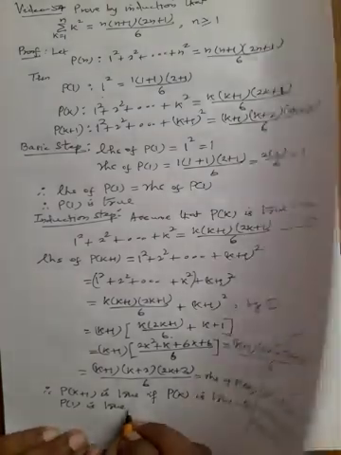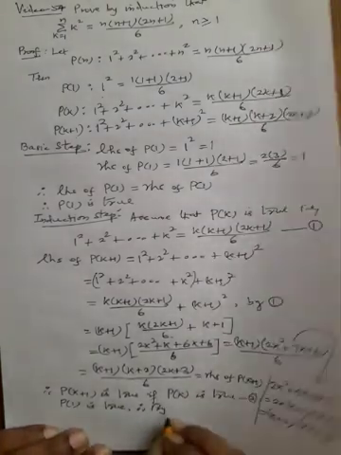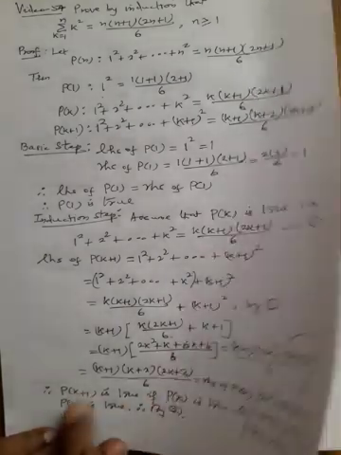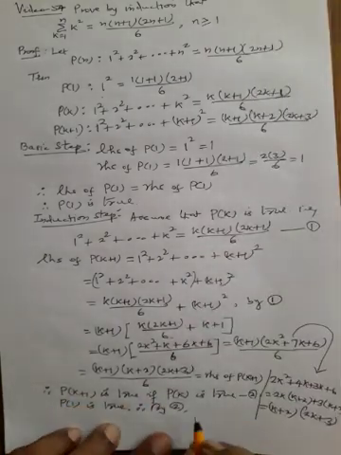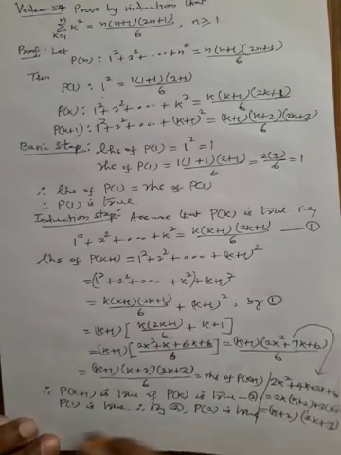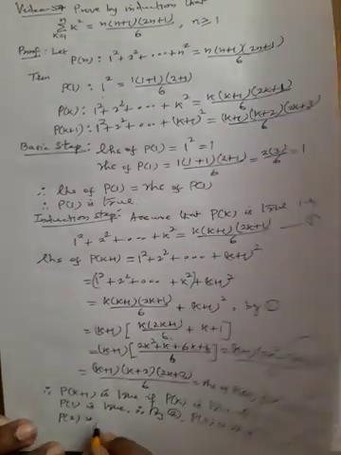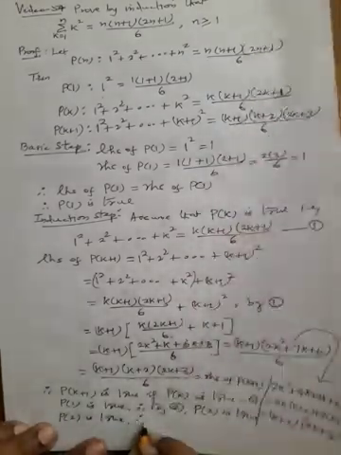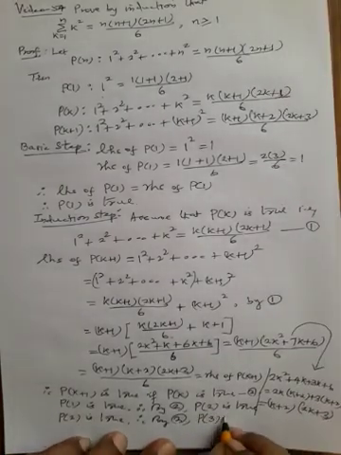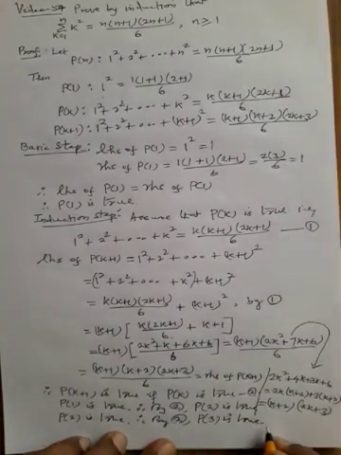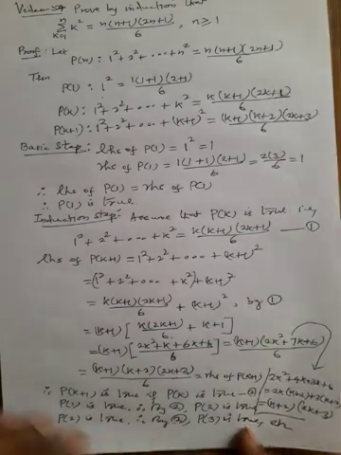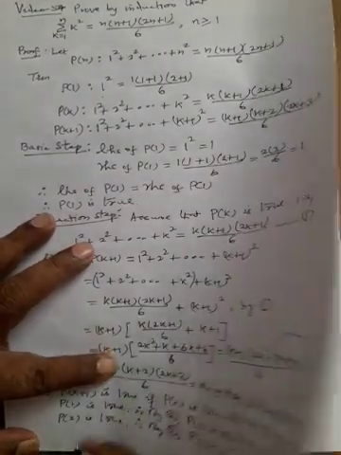Therefore, by 2, whenever P of k is true, for the next integer it is true. P of 1 is true, therefore P of 2 is true. Therefore, by 2, the next integer, P of 3, is true, and so on. Continuing like this.